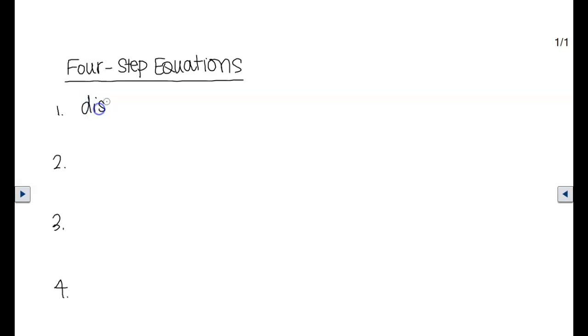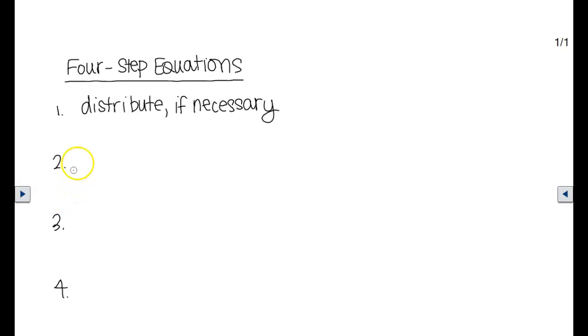Step one is to distribute if necessary. So remember, it'll be necessary to distribute if you see a number being multiplied by a group that's inside parentheses.